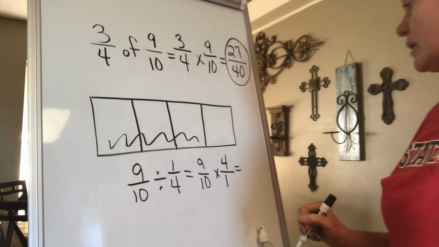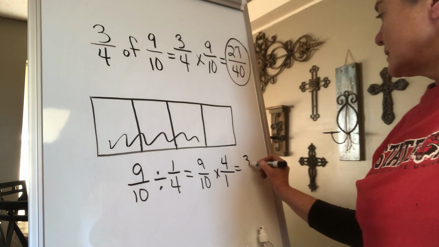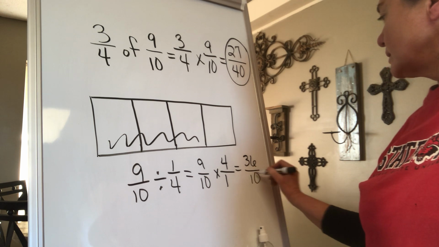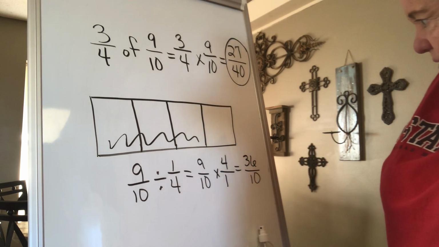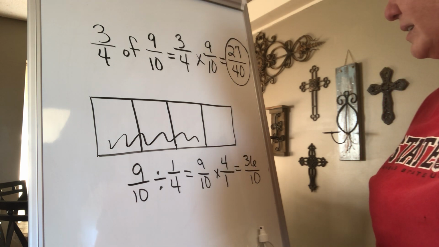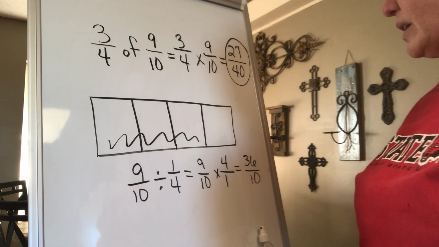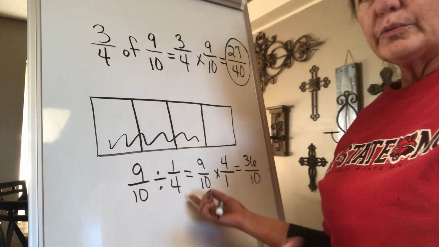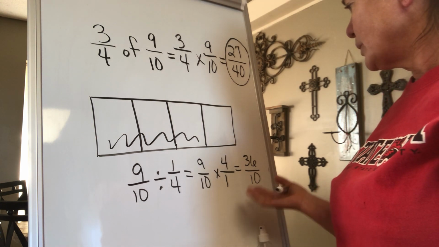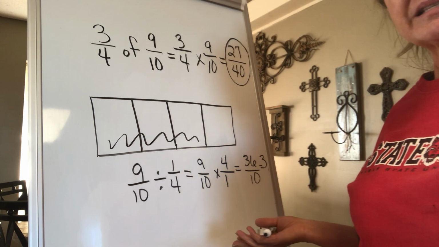So on this one, we have 36 over 10. Now, does that make sense? Doesn't make sense to me. So, what did we do here? We had a fraction and then we divided it by another fraction, but we got a high number, because this is going to end up being 3 something. That's not possible, is it?